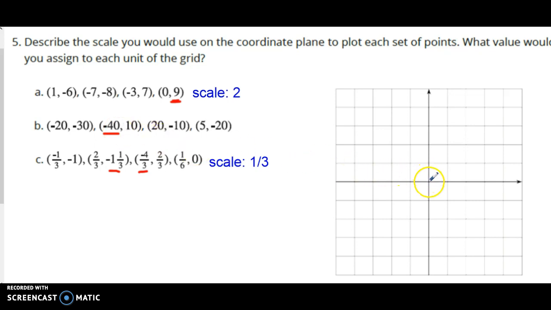So this is -40 in the x-axis, so I'm going to start here and I'm going to move left. See if I can count by fives. 5, 10, 15, 20, 25. Is that -40? No. If I can't count by 5, let's see if I can count by tens. -10, -20, -30, -40. Is that inside my grid? Yes. So what I would recommend for this is a scale of 10.